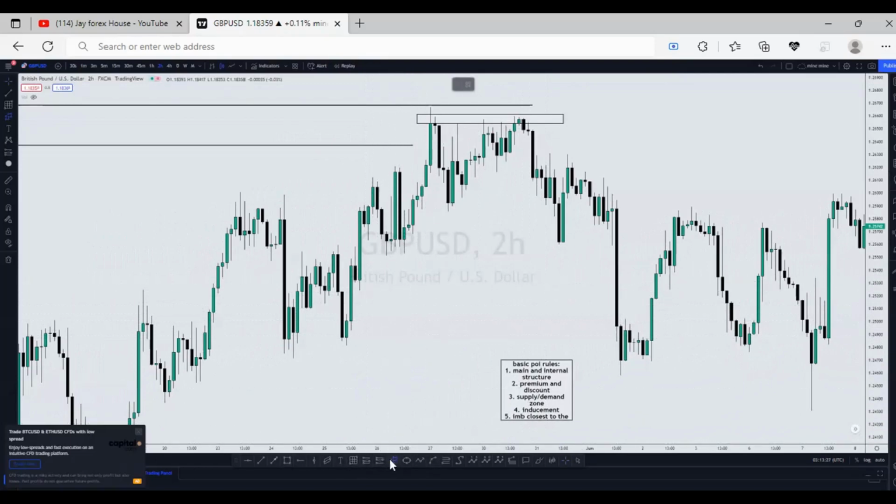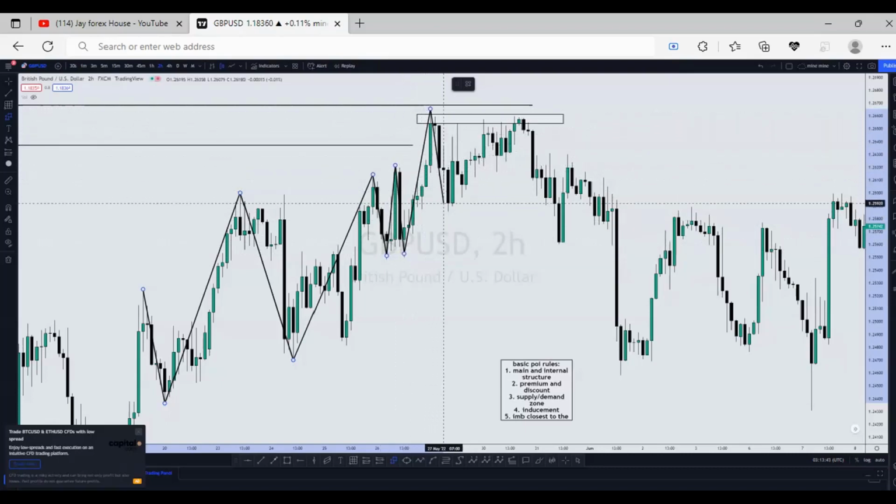So what do we have here? Let's say from here, low, high, low, high, low, then high, low, higher high. So we have a lower high over here, and price fails to clear and make a higher high over here, right?